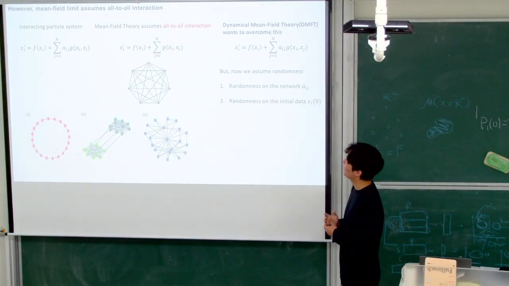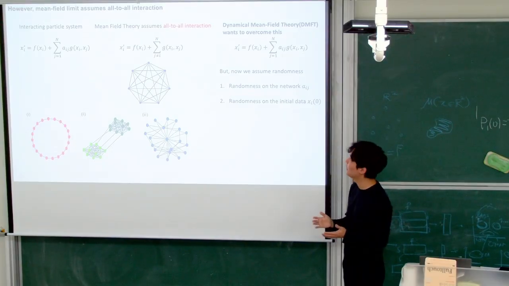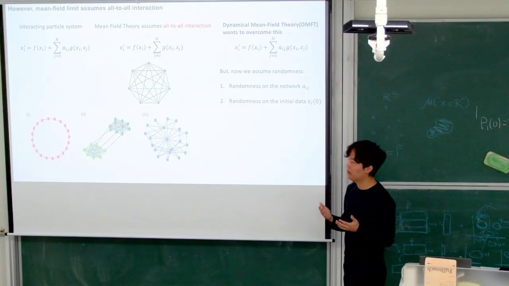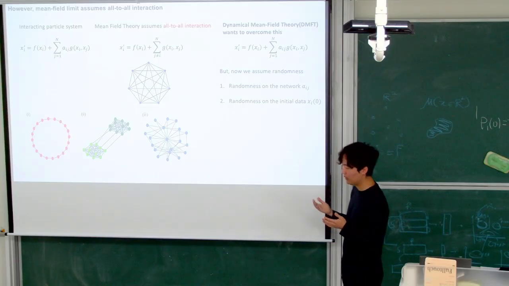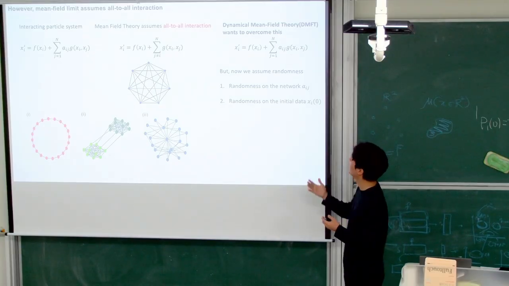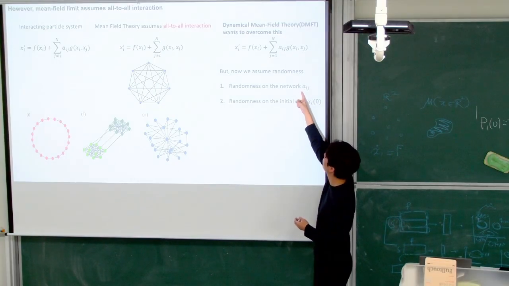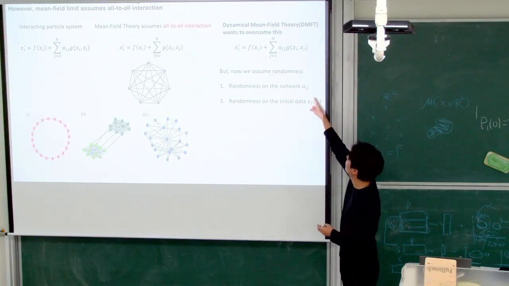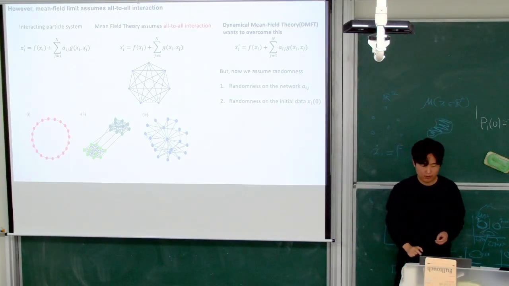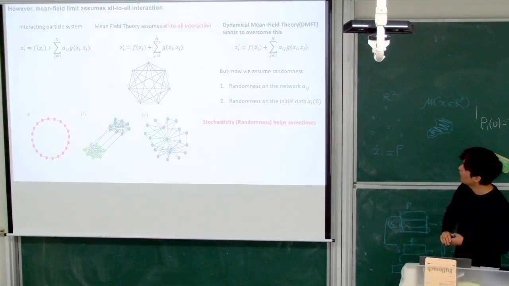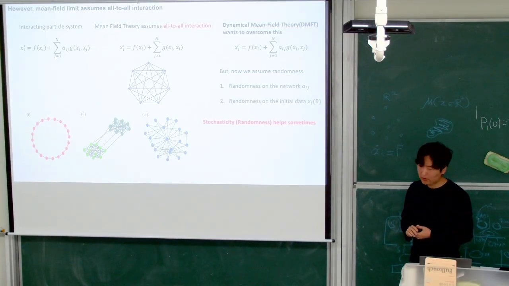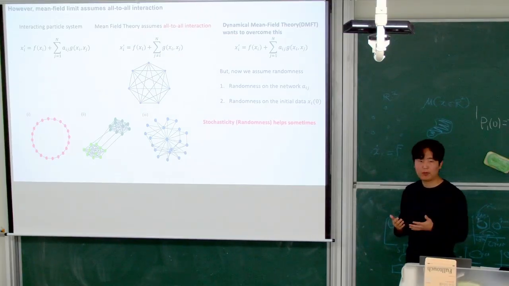But it is not easy. So there should be other assumptions. Most importantly, we rely on randomness, imposing some randomness on the network, and even on the initial data. Sometimes randomness makes the problem easier.